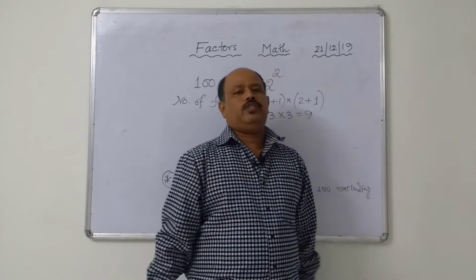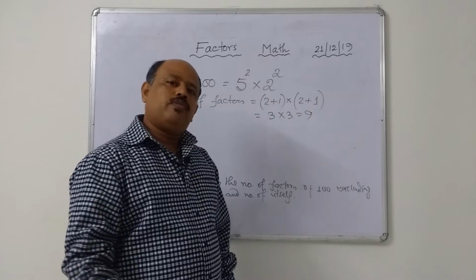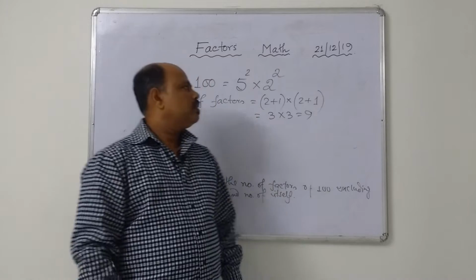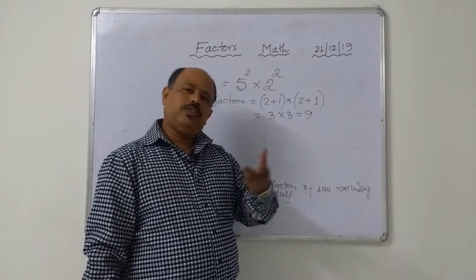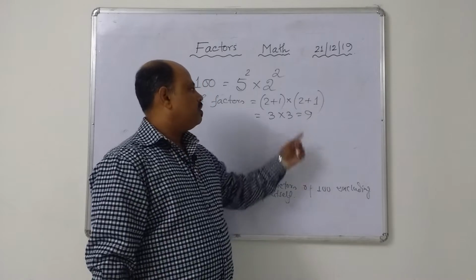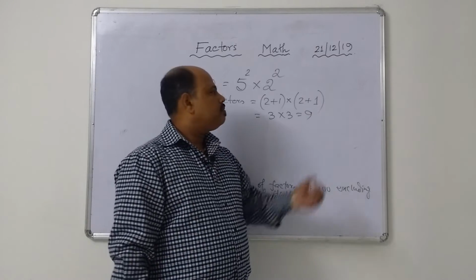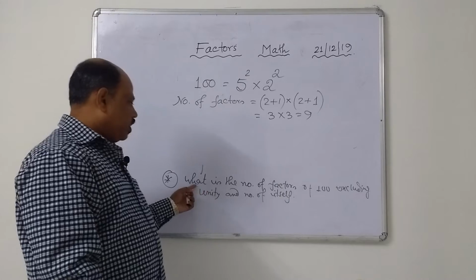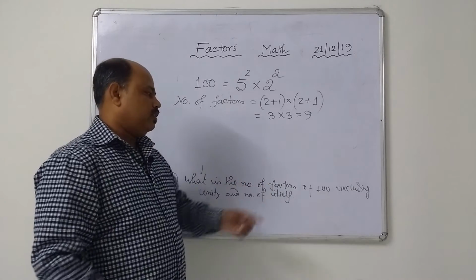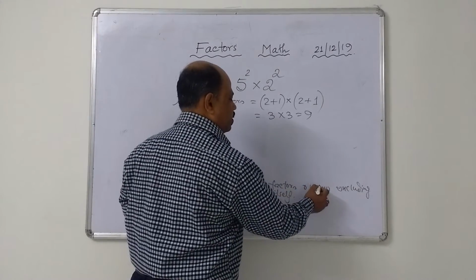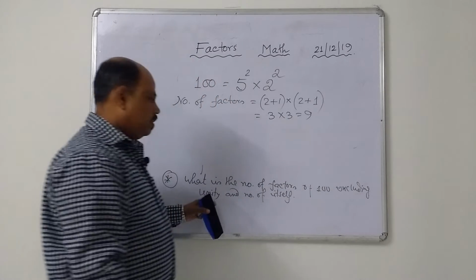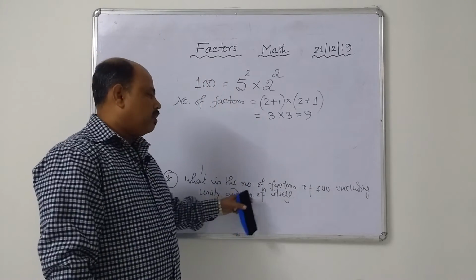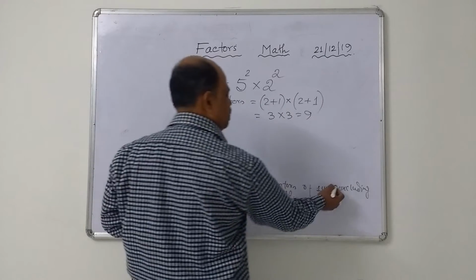If your question is, how many number of factors are there? Your answer is 9. Or how many number of divisors of 100? Your answer is 9. But actually the question is, what is the number of factors of 100 excluding unity and number itself?